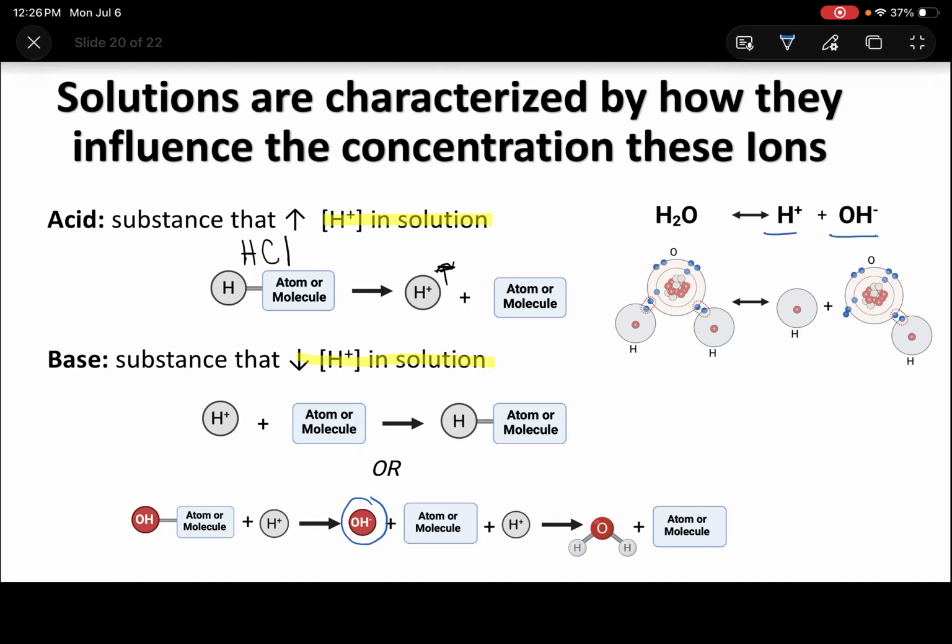So if we add more hydroxide, it will then bond with the hydrogen ion and form water. So bases can take away the hydrogen ions or add hydroxide ions in order to counter the effects of the hydrogen ion. So acids are substances that increase the hydrogen ions, and bases are the substances that decrease hydrogen ions in solution.